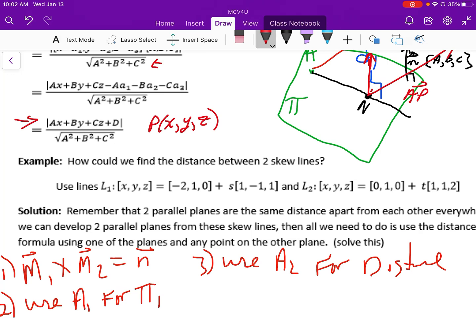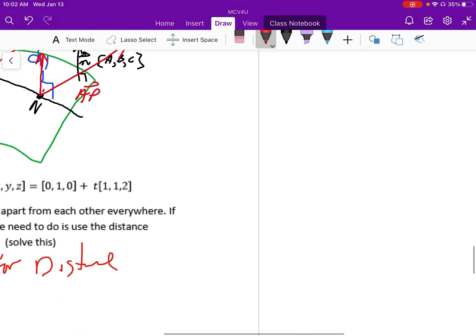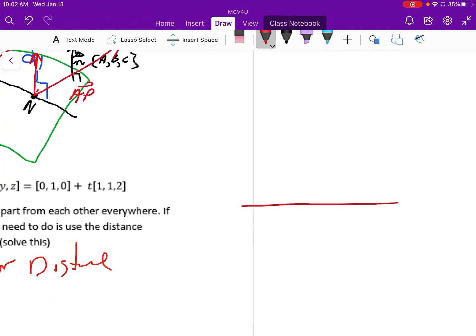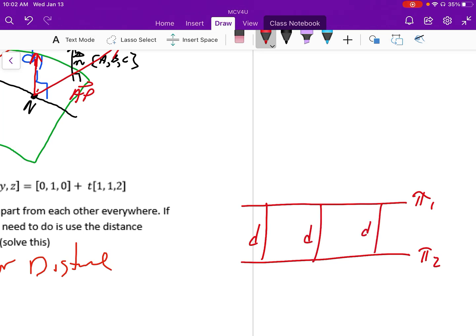Well, two parallel planes are the same distance apart everywhere, right? We've had that before. If you look at the side of a plane, pi 1, pi 2, no matter where you take the distance, it's all the same. We just don't know where the distance is if we're dealing with two skew lines.